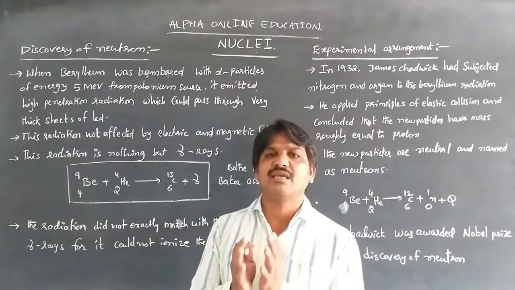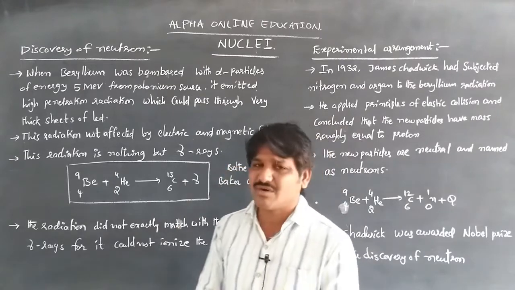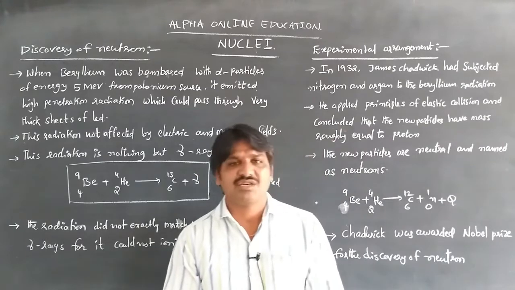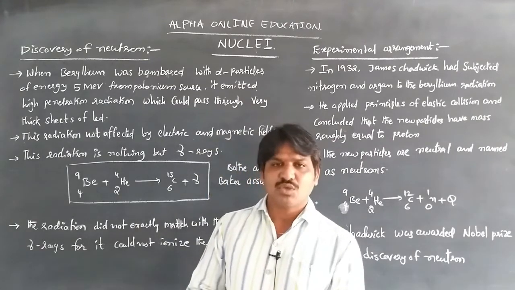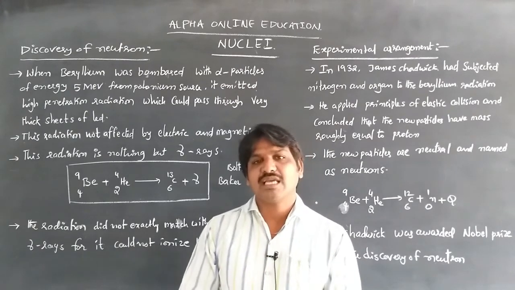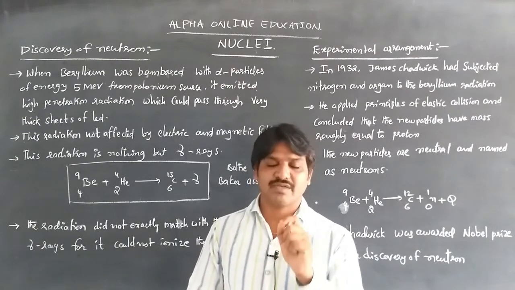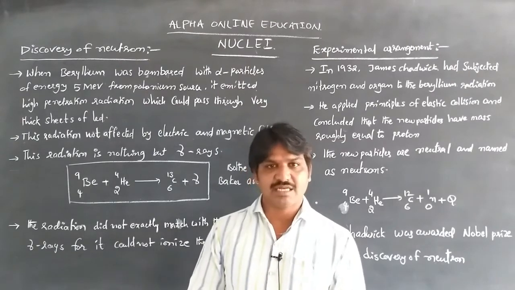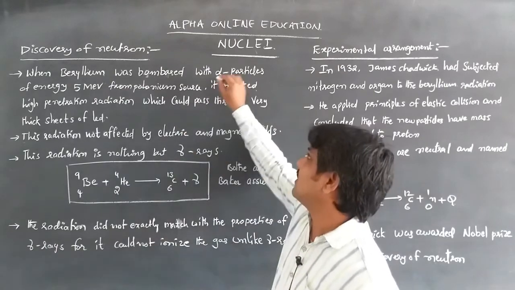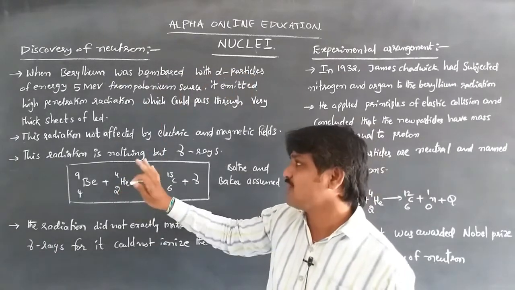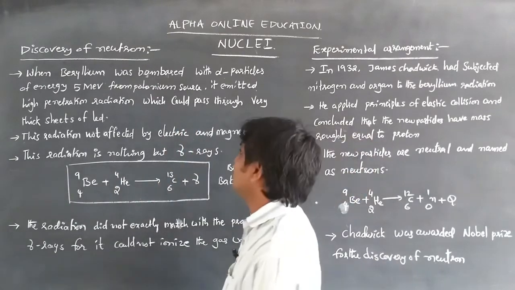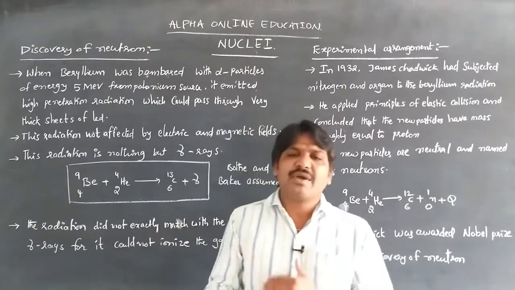Whenever beryllium was bombarded with alpha particles having an energy of 5 mega electron volts, that is, the nuclei of helium are considered as alpha particles, and a polonium source was used, it emitted a highly penetrating radiation.